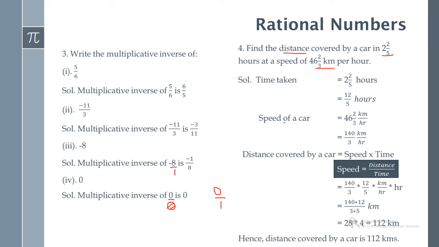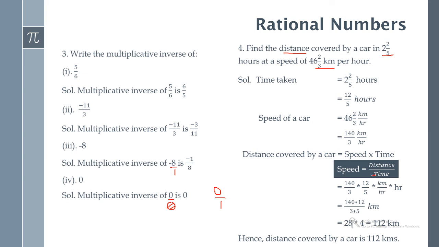Now speed of a car 46 2 by 3 kilometers per hour. So 46 into 3, it's 138, plus 2 is 140 by 3 kilometers per hour. Now distance covered by a car is equal to speed into time. That is a formula. The general formula is speed is equal to distance by time, but what you need to find out here is distance.